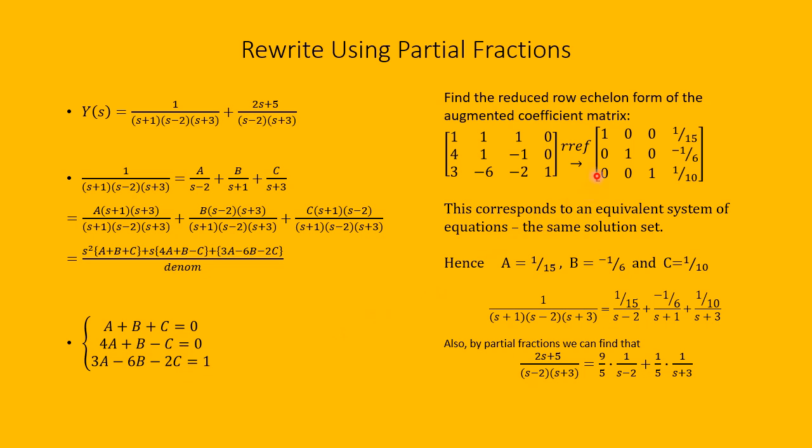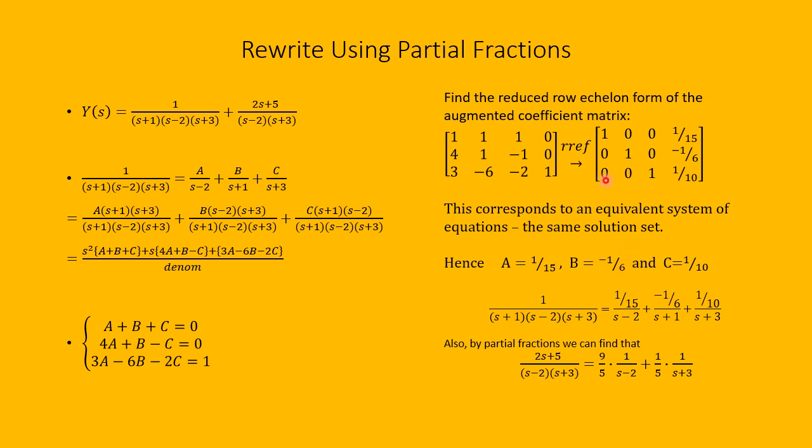But if we look at this, this basically says 1A + 0B + 0C = 1/15. That means that A has to equal 1/15. The second equation in this equivalent system, 0A + 1B + 0C = −1/6, tells us that B is −1/6.